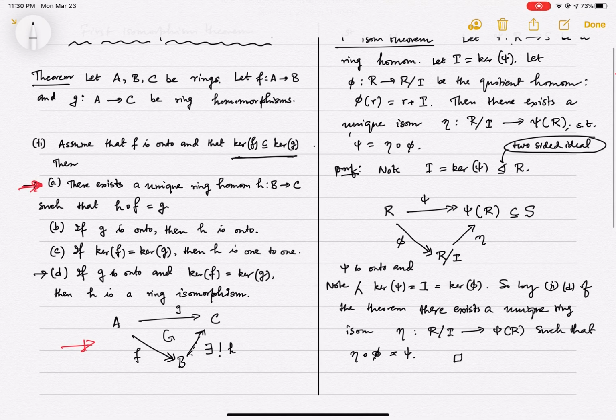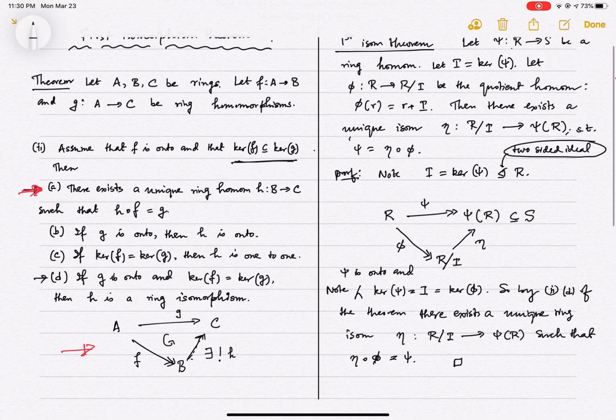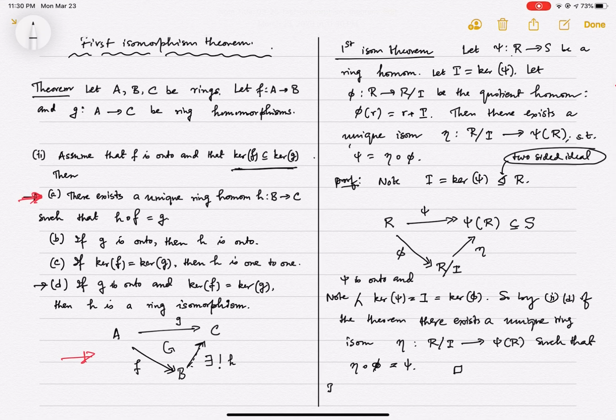So in particular, if psi from R to S is a surjective ring homomorphism, so the image is really all of S, then what this is telling you is that R mod the kernel is in particular isomorphic to the image.